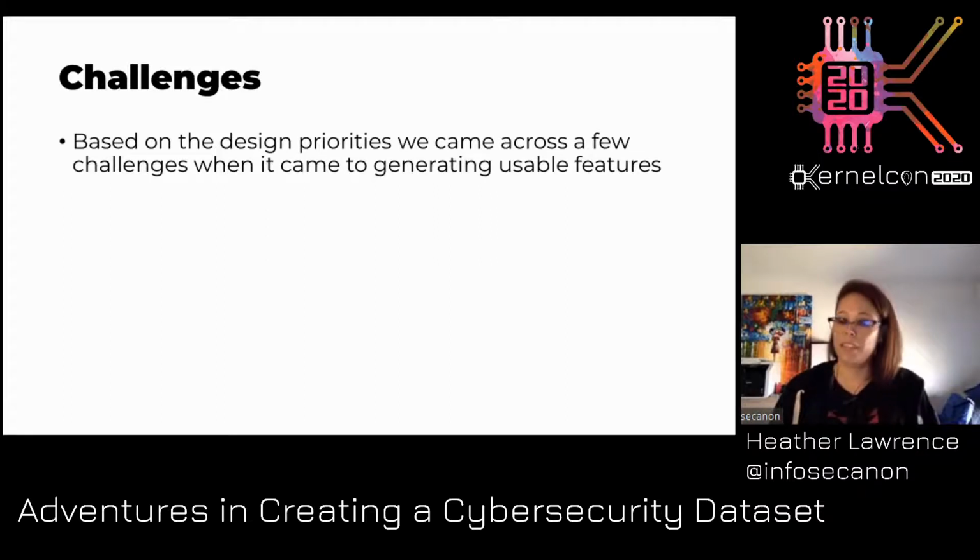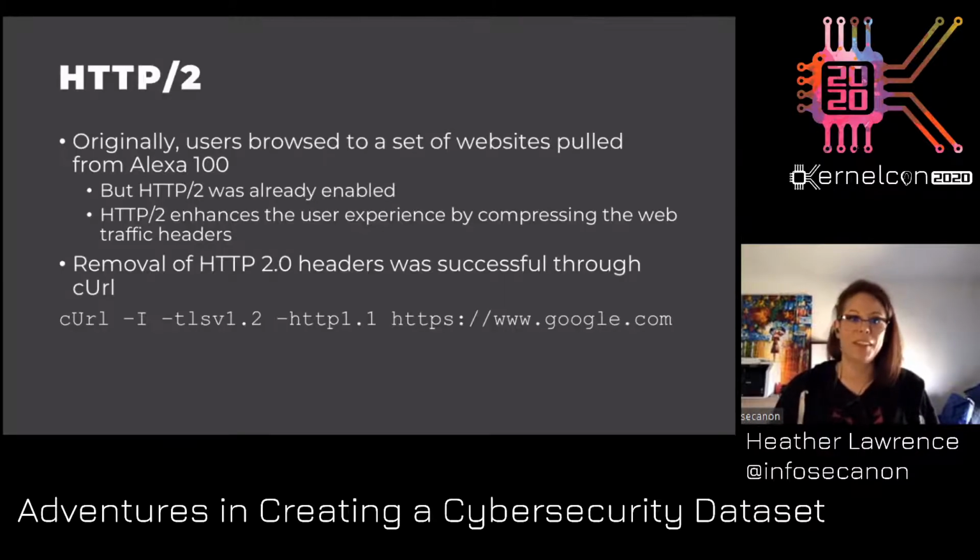So we came across some challenges in making it so. HTTP2, as I said, is compressed, and a lot of the Alexa 100 already has HTTP2 enabled. That's intended in purpose. It's a feature, not a bug.